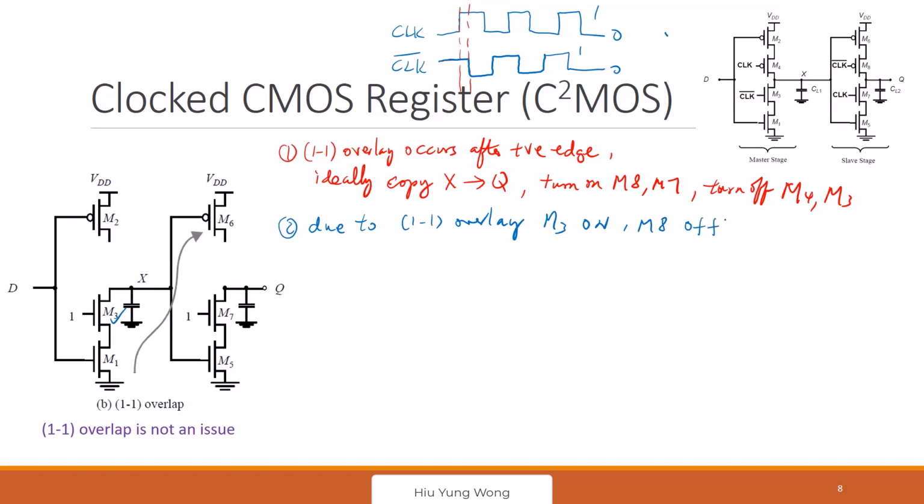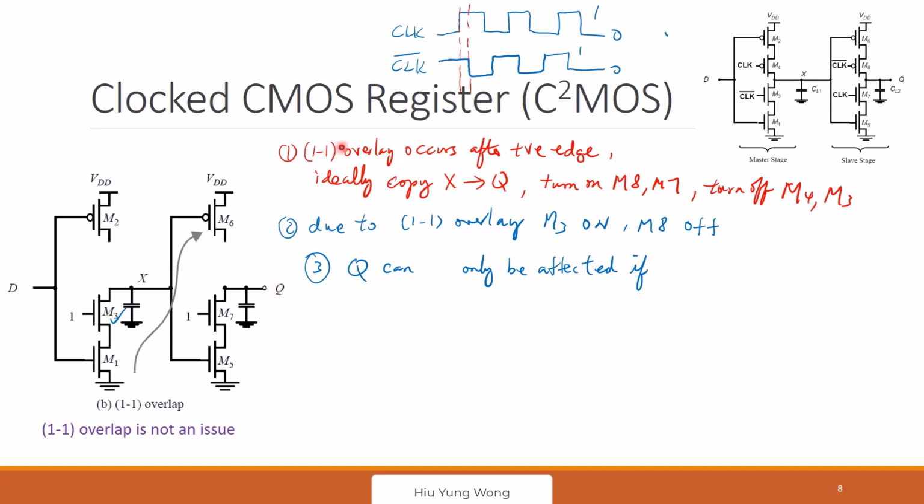Okay, then the question is, can I affect the data? Now, can you do the same thing? Can you tell me, Q can only be affected if it is at what state? How can I change the value of Q?